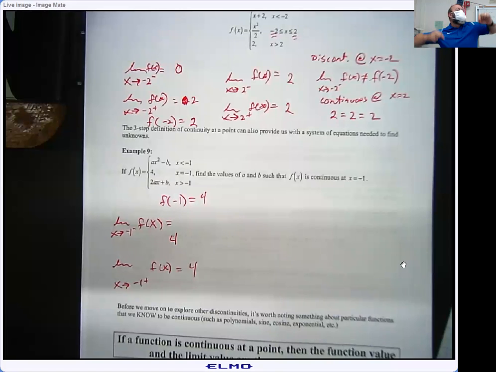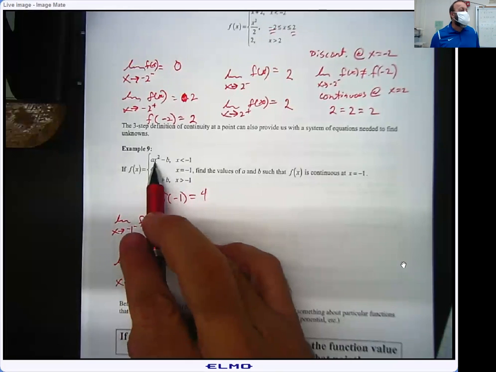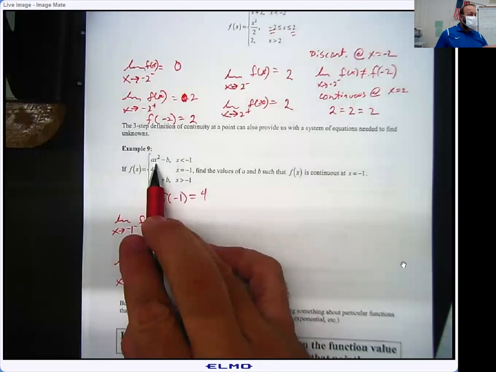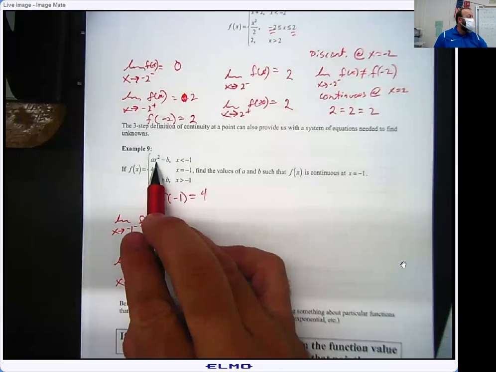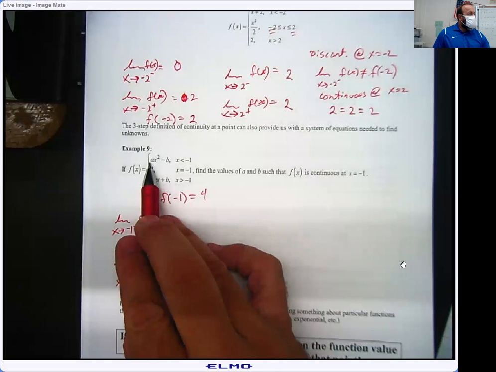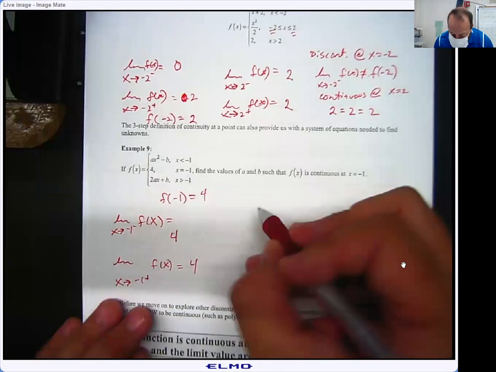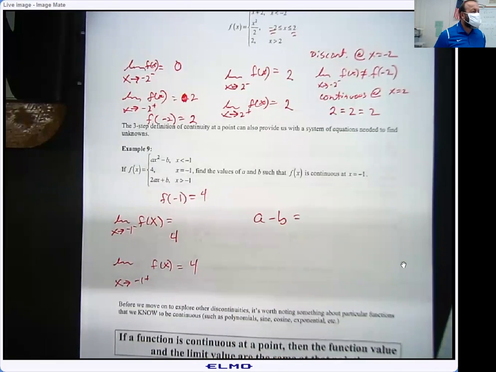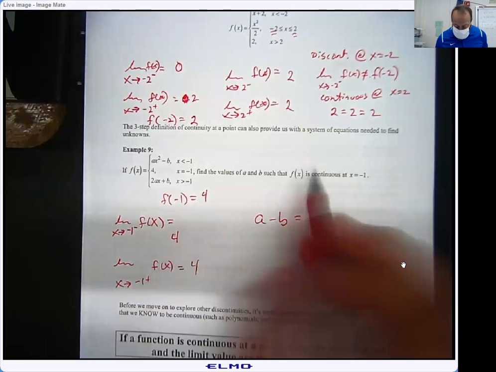What happens is I get super, super close to -1 on top. What would I get if I got close? Remember, I said I just go ahead and poke my sister in the forehead and I call it good. As I get close to -1, what am I going to get? A minus b, and we just found out that a minus b, what must that be equal to? It has to be equal to that guy.